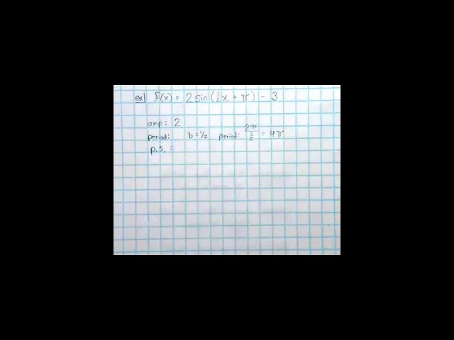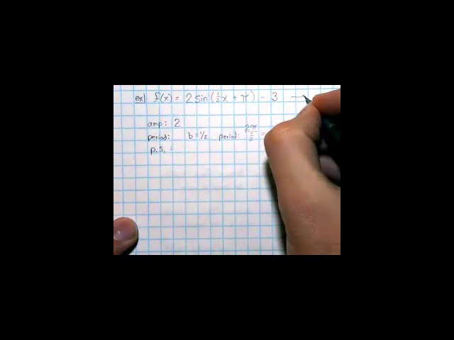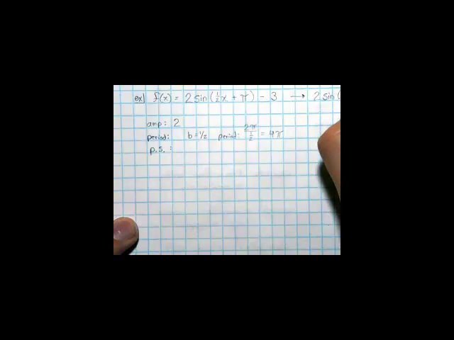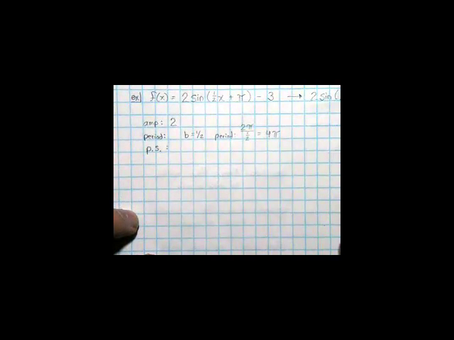Phase shift. Well, got to do something first here. Exactly. We got to factor a little bit, because if you look at the first general equation I showed you, there is parentheses after the b. So this should be x plus the phase shift once we've factored out the 1/2.